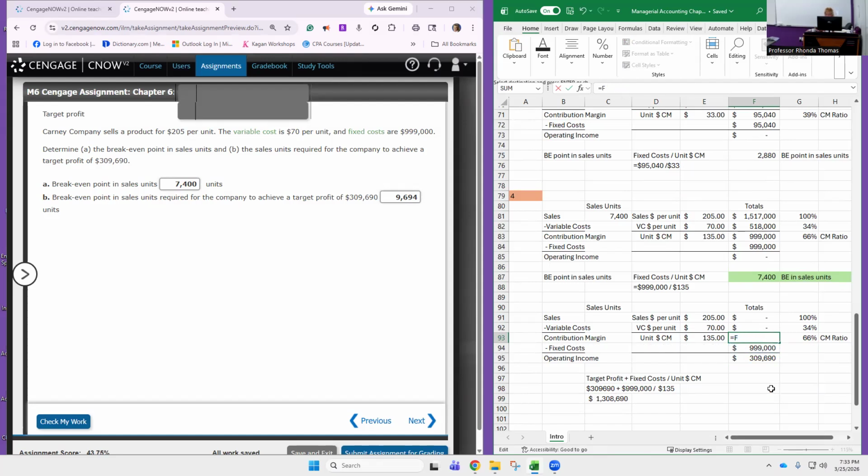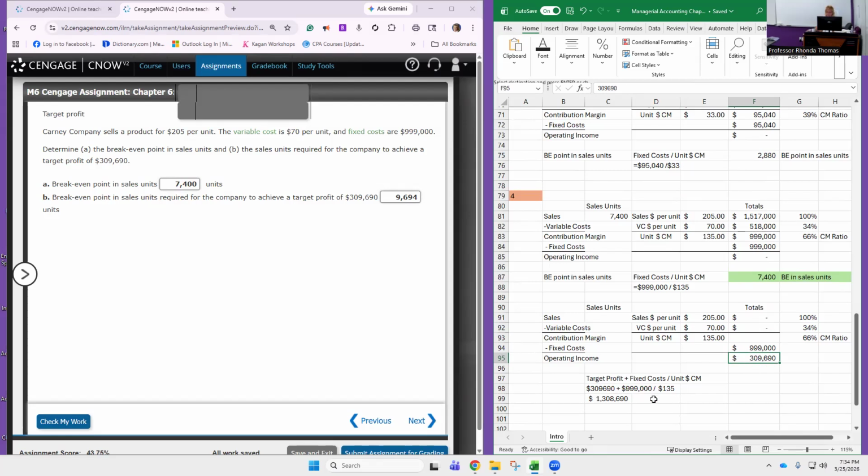Okay, that's not true. If I wanted to know, the break-even units was 7,400, so you would take 7,400 times the price. We know this is our fixed and this is our target.